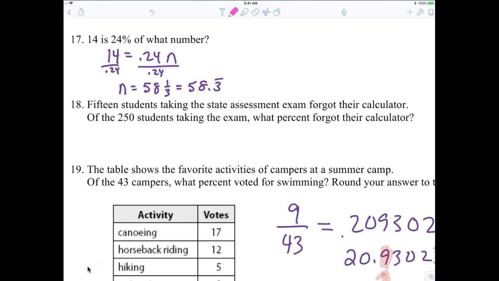All right, now, this isn't exactly 15% because it's not out of what? It's not out of 100. So again, all you do is you translate 15 out of 250 into a decimal, which is 0.06, which is the same as 6%.